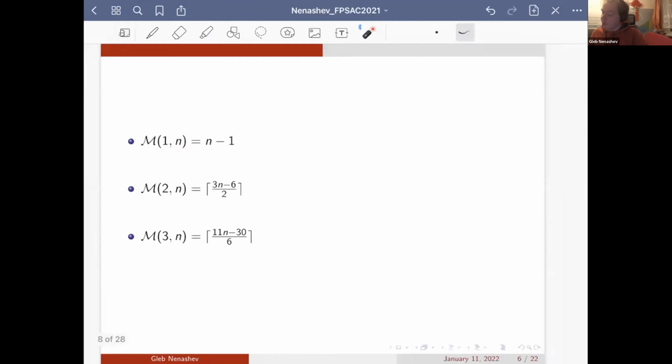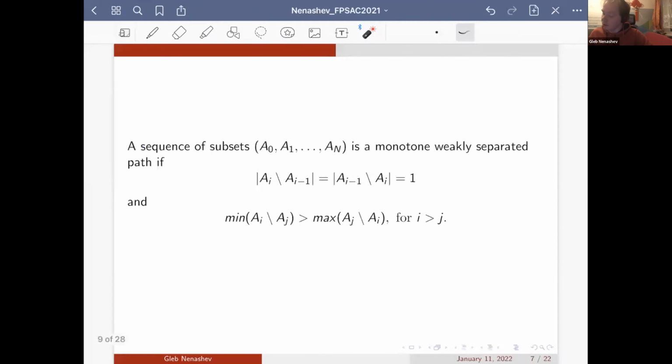But let's think a bit about one relation, and it's an idea of how we found these formulas. We say that a sequence of subsets is a monotone weakly separated path if 2 sets differ by 1 element. So from A0 to A1, we delete 1 element and add 1 element.